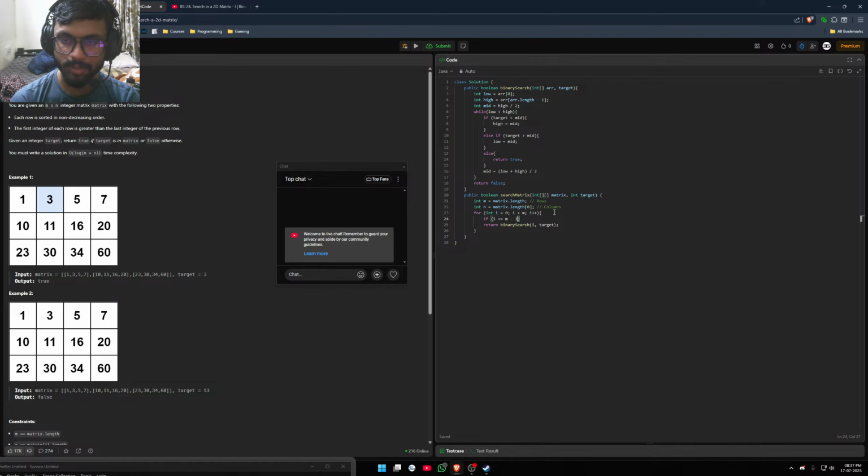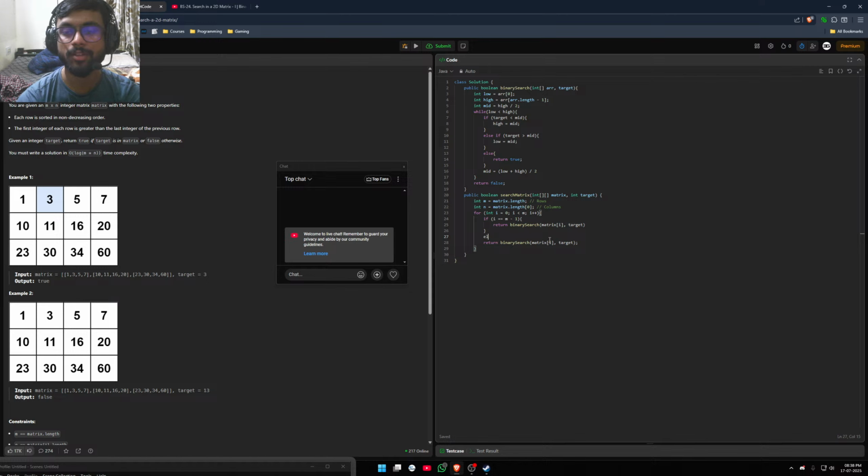If i is m minus 1, then we return the binary search of i comma target. Actually this is not i, this will be matrix of i. So if this is true, then return it.